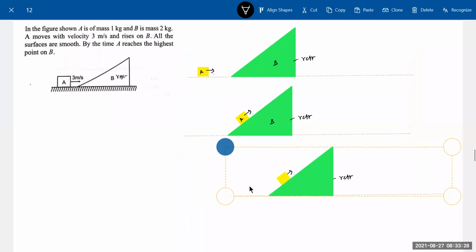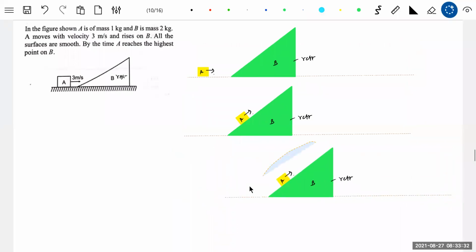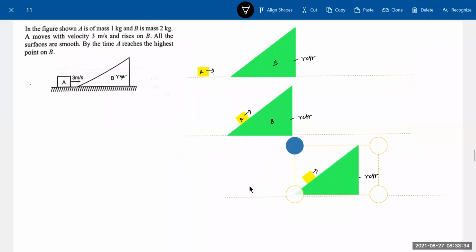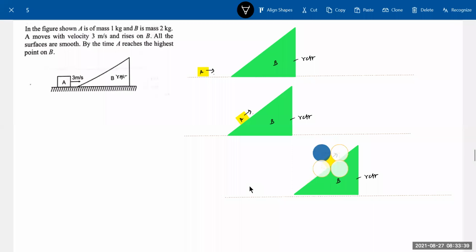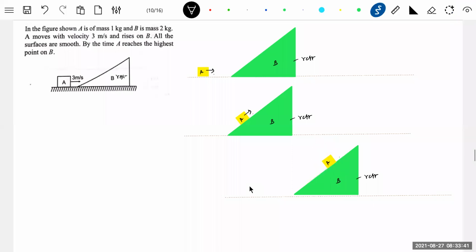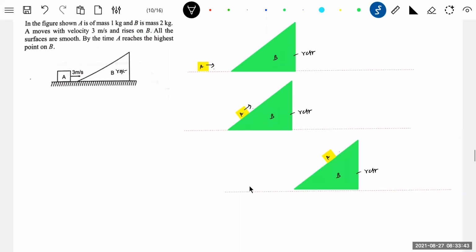All these are really diagram based questions, so the student has to fight with a diagram. Let me bring all the sequence of diagrams.